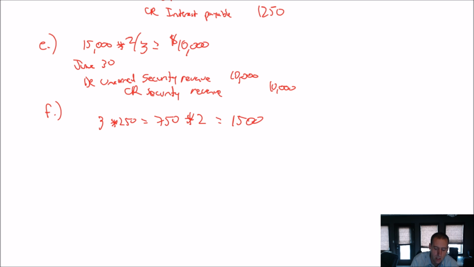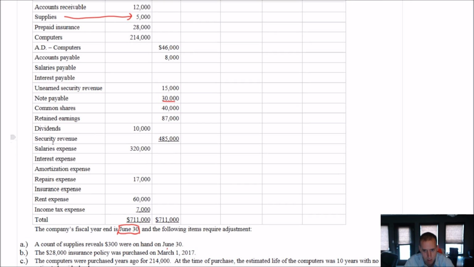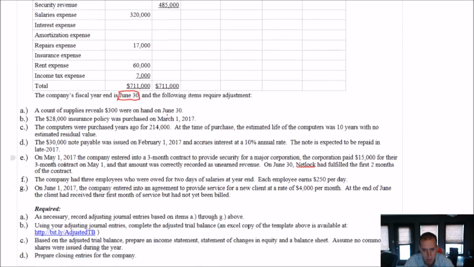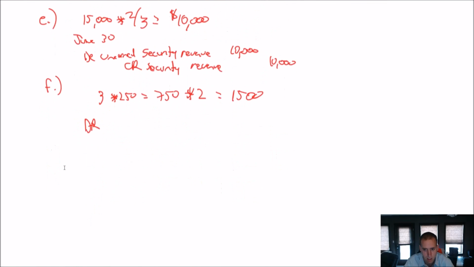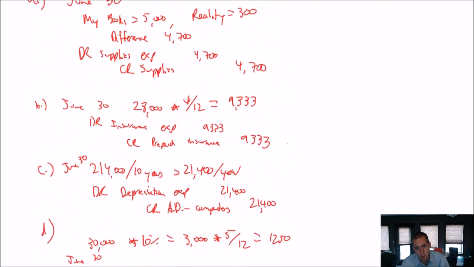I owe $1,500 in salaries. Debit, and I'll just make sure I'm getting the accounts right. I believe it'll be salaries expense. Yes, that is the account we have related to salaries, and salaries payable. So debit salaries expense, credit salaries payable, to say these salaries have built up. They have not yet been paid. This is an accrued expense, an expense that's building but has not been paid.